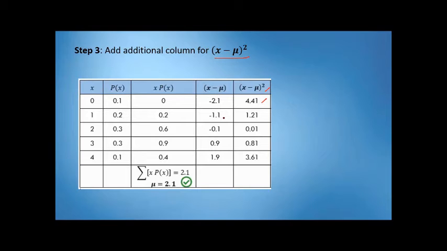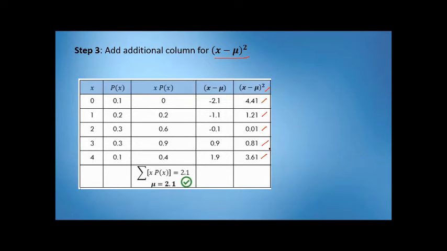Negative 1.1 becomes 1.21. Negative 0.1 becomes 0.01. Then 0.9 becomes 0.81. And last, 1.9 squared is 3.61.